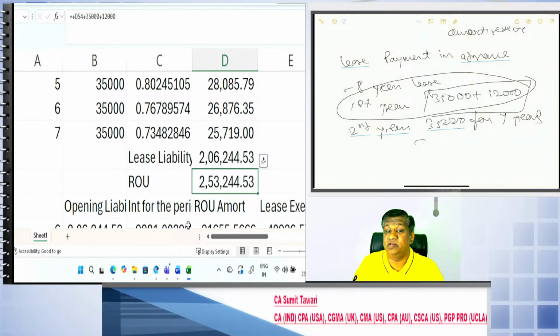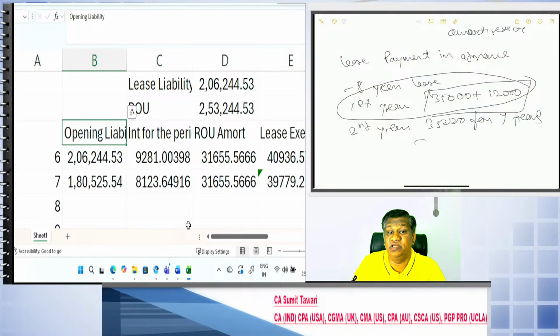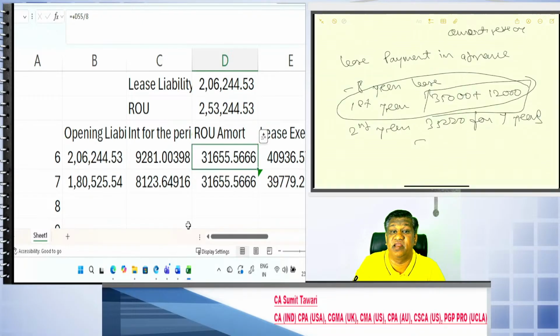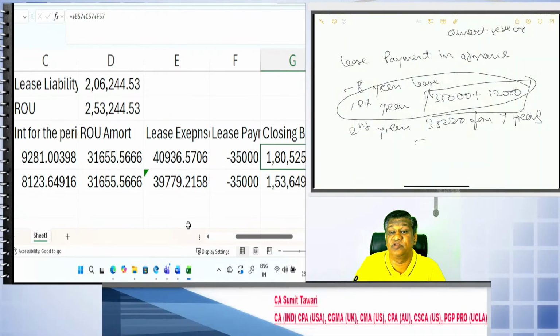Okay. Now we are talking about the finance lease. We need to consider the opening lease liability, then the interest, and the ROU amount we need to amortize over the straight line method. So 253,244 divided by 8, that is the ROU amortization. Lease expense is interest plus the ROU amortization. Then the lease payment is 35,000, which gives me the closing balance.